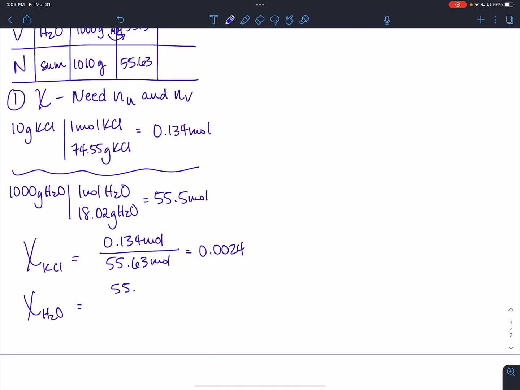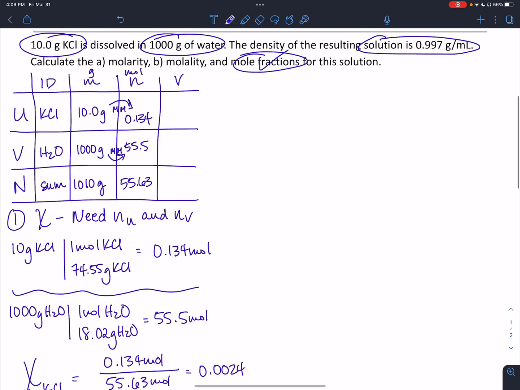I have 55.5 moles divided by 55.63 moles, and it is in fact pretty large: 0.998. Remember, I also could have just said 1 minus 0.0024 and gotten that 0.998. So I have now calculated my mole fraction, so I'm all done with that part.